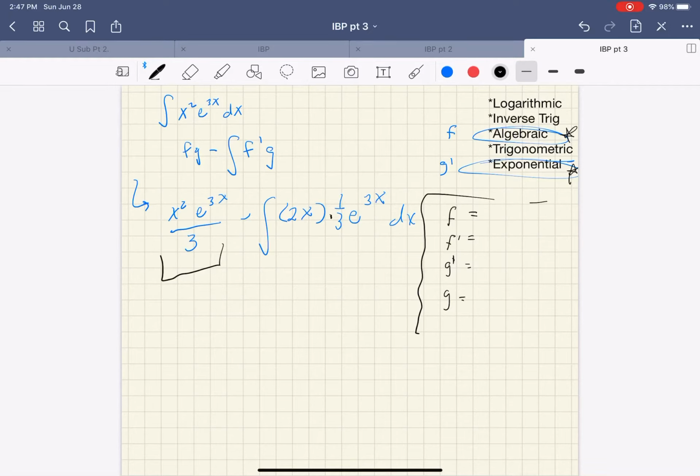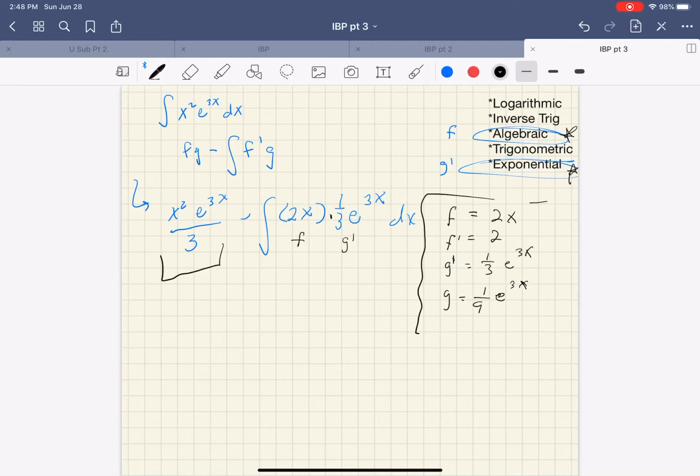So now our f will be right here, and then this will be a g prime. So our f is going to be 2x. And then f prime will just be 2. And then g prime is 1/3 e to the 3x. And now g will be 1/9 e to the 3x. And that just comes from our basic integration exponential laws that we've been taught in the past.